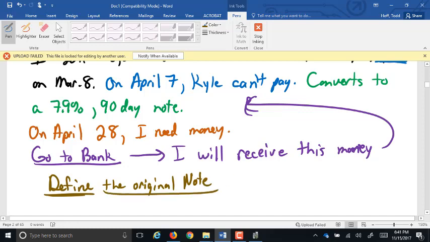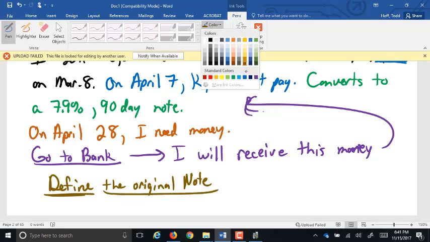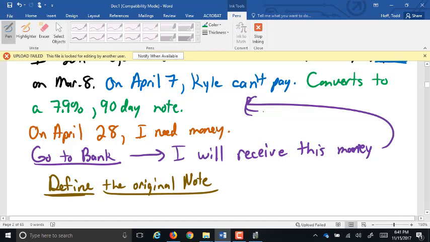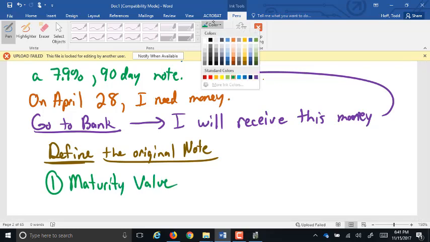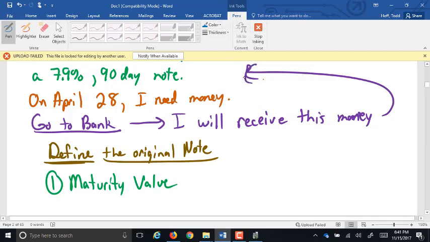So the original note is going to be defined by a couple of different things. One thing we must find is the maturity value. At the end of the 90 days, how much is Kyle going to owe me?